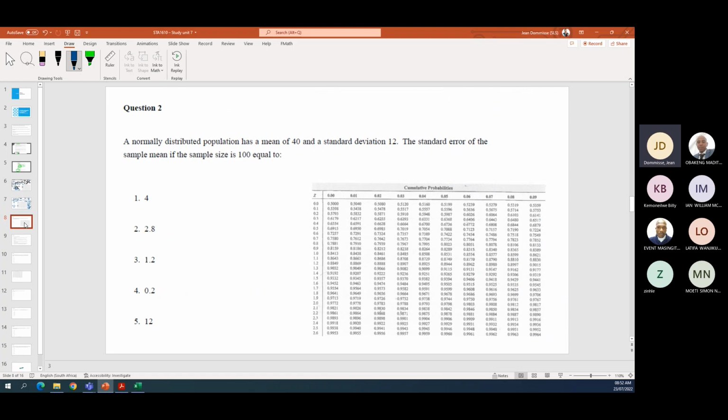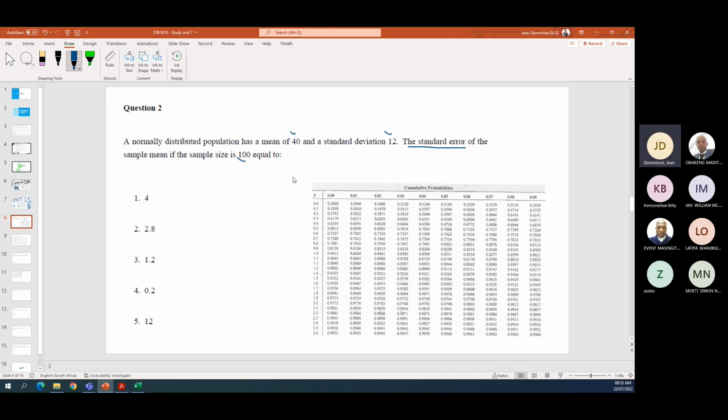Okay, so the next one: a normally distributed population has a mean of that, and you need to work out the standard error. Let's see, they give you the mean, standard deviation, and the sample.